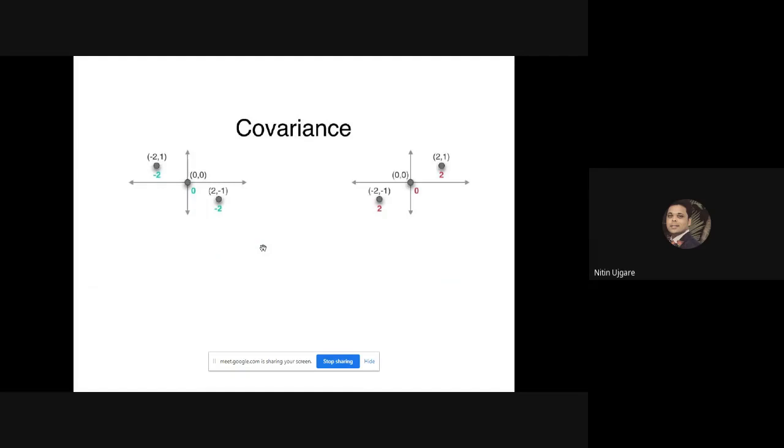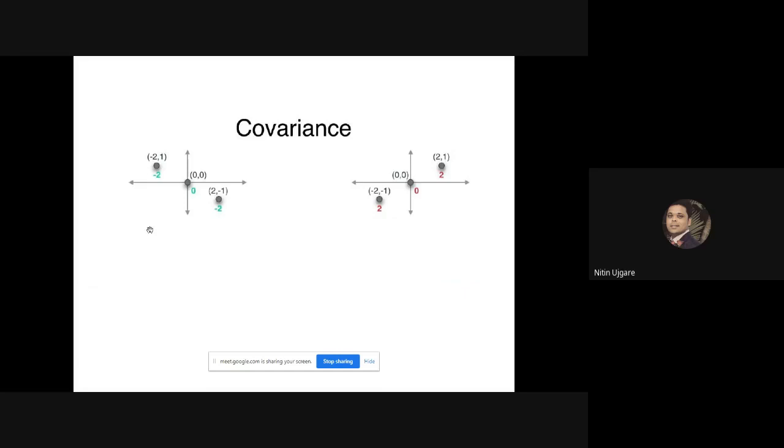So can we say that if you have a set of points in this direction, then they will have a negative covariance, and if you have a set of points in this direction, then it will have a positive covariance, right? So though the two different sets of points have the same x variance and y variance, their covariance will be different, right?